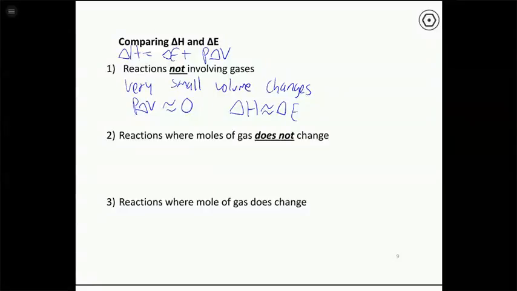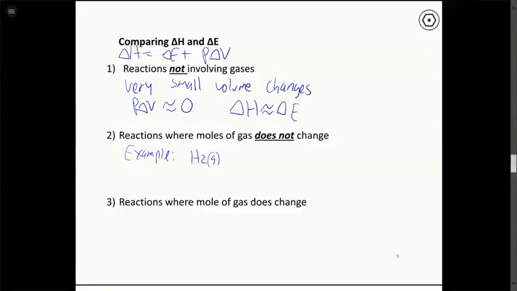Now, there can also be reactions that involve gases, and this is something that we'll talk a lot about in Chapter 8. But let's say that the moles of gas do not change during a chemical reaction. So let's say we react hydrogen and chlorine, and we make 2 HCl.